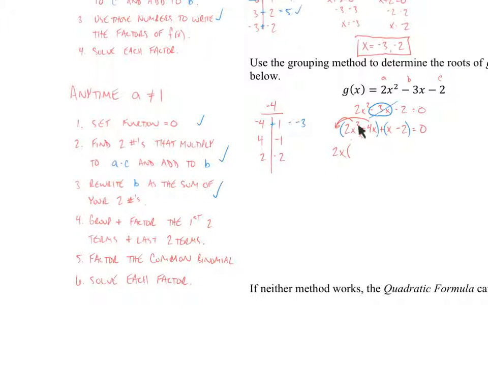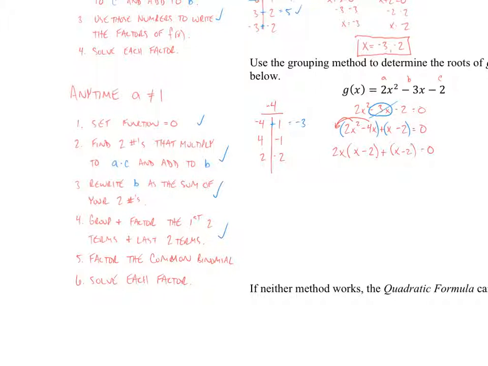If I do 2x squared divided by 2x, that's going to just leave me with x. And if I do 4x divided by 2x, that's just going to leave me with a 2. Over here, there's nothing that I can pull out of these, so I just have to leave it as x minus 2. That's also a step we're going to have to practice.